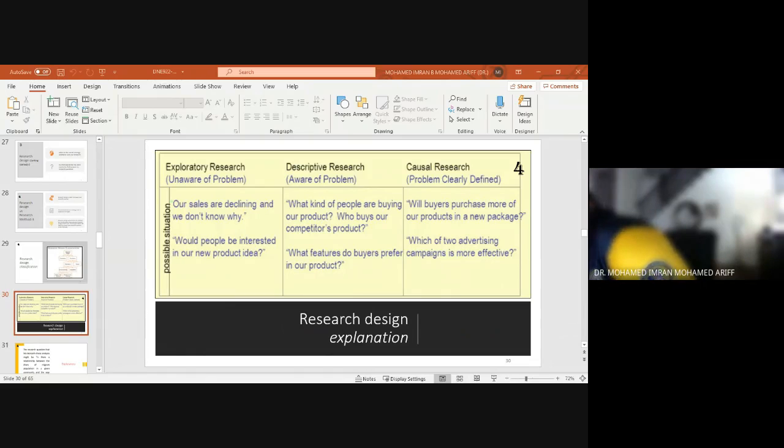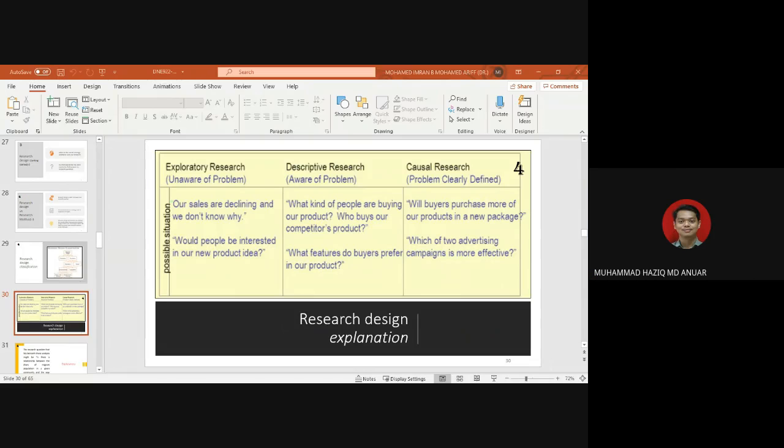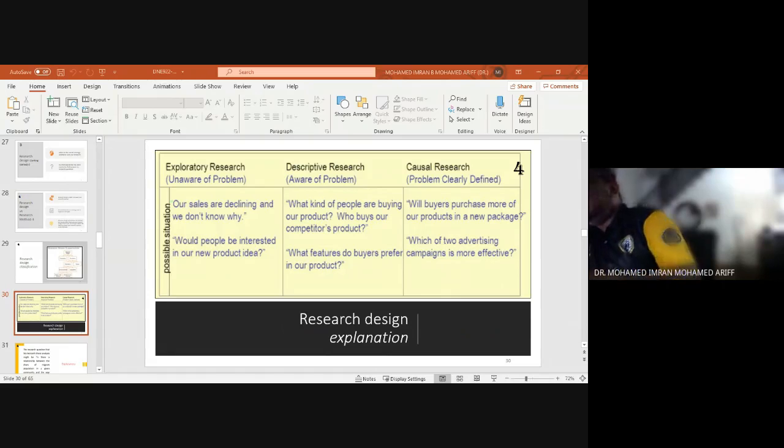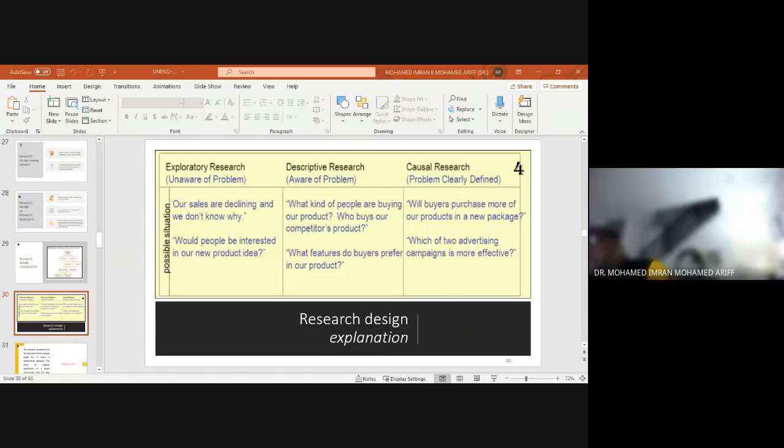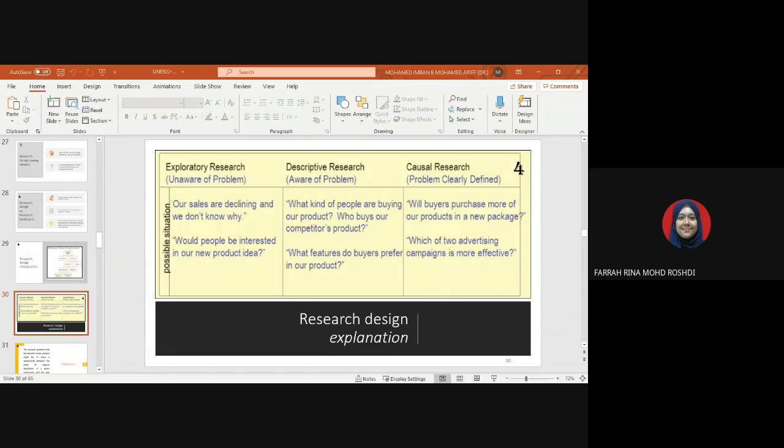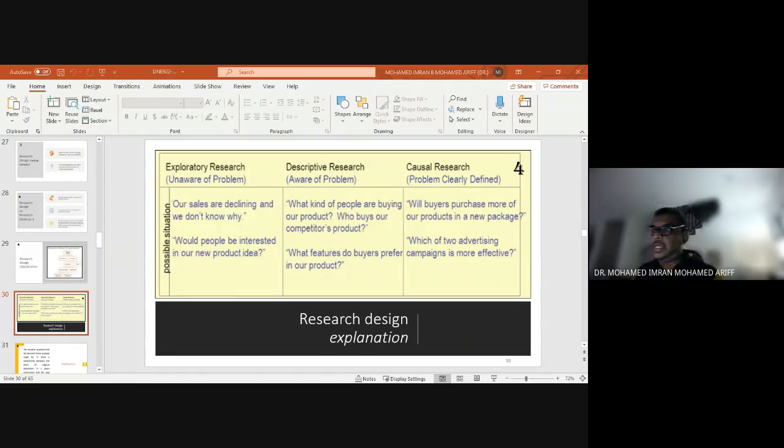Okay. Haziq dari mana? Saya FSPU juga, Building Survey. Building Survey. So Building Survey 1, 2, 3. Building 1, AD, Architecture. Farah tadi mana? QS. QS. Okay. Alright.